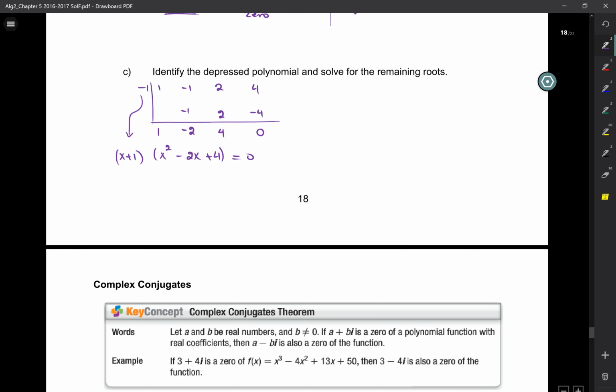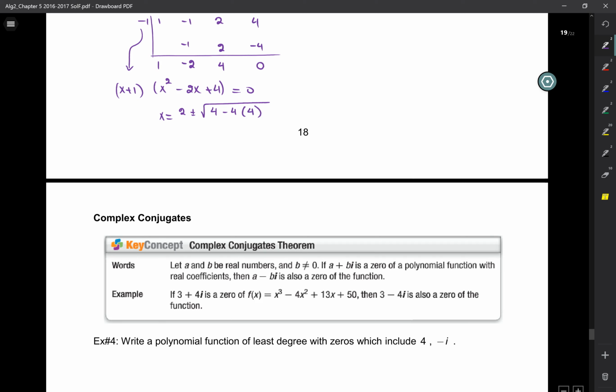x equals -b plus or minus the square root of b squared minus 4 times a times c, all over 2a. So x equals 2 plus or minus the square root of 4 minus 16, -12, over 2. Okay, so 2 plus or minus, an i is going to come out.